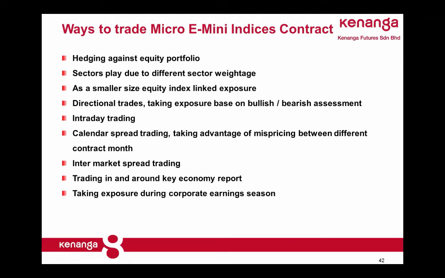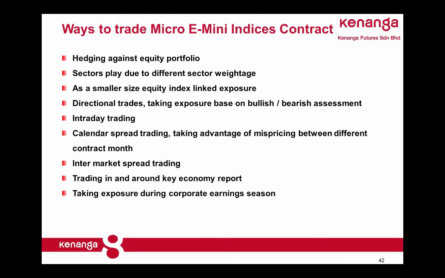Just like last night, Facebook, Visa, AT&T, and Boeing released their results. Basically, these are the heavyweight counters that have an impact on index movement. So if these counters report better than expected earnings, then you can take a long position in the micro E-mini index futures contract.